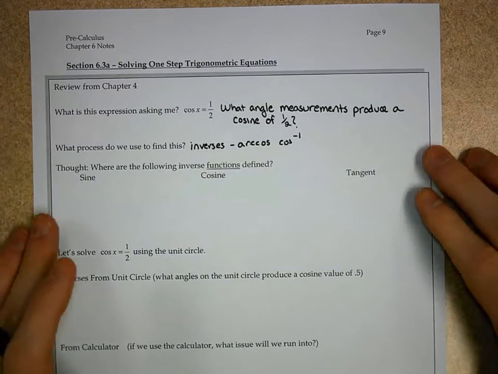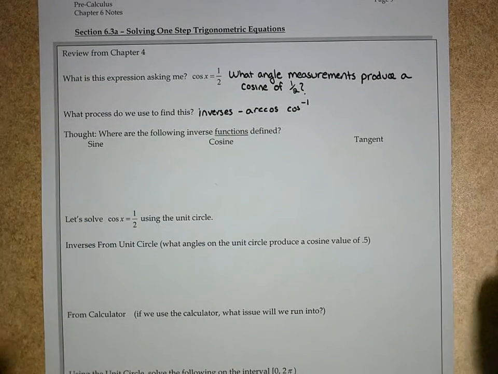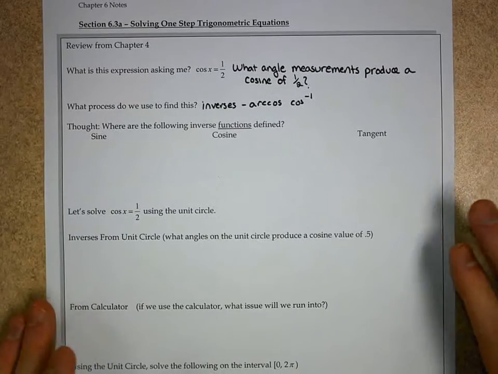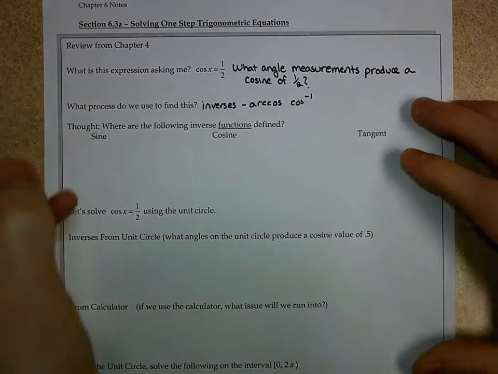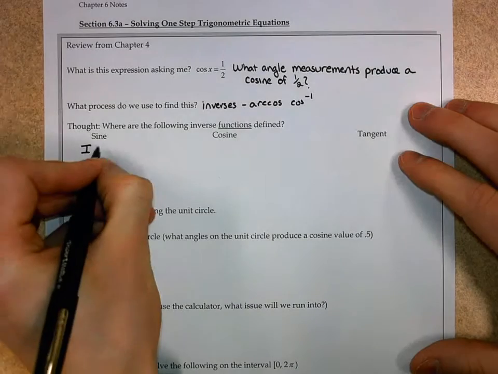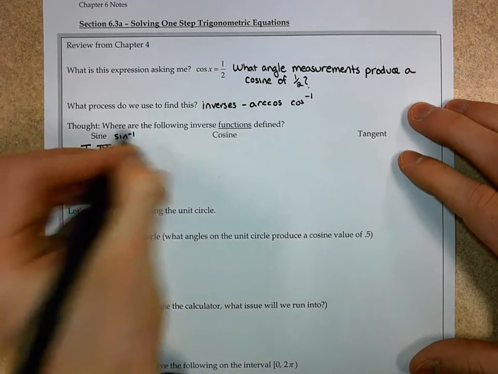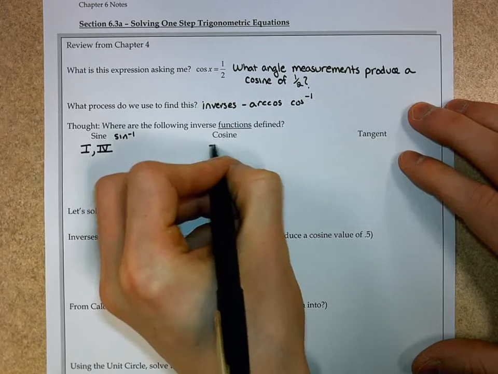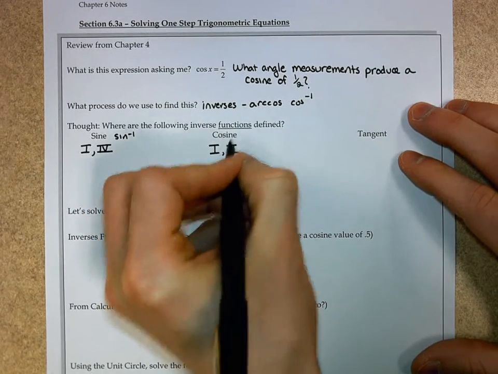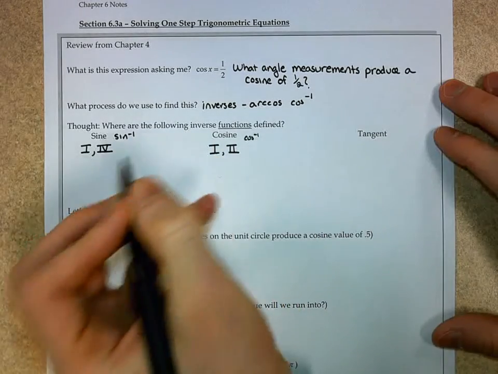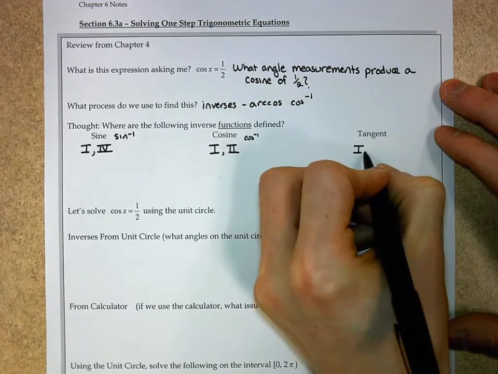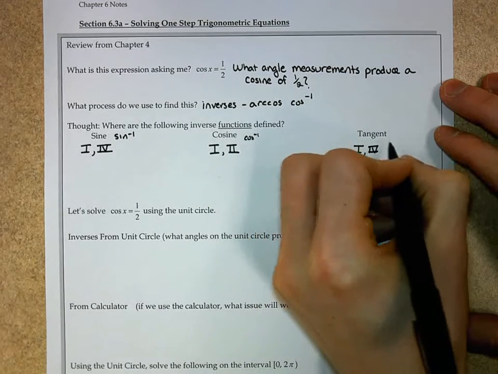Now, just as a reminder of what we did last chapter, what quadrants are the inverse functions defined in? If we think back, sine inverse was defined in 1 and 4. The cosine inverse, or the arc cosine, was defined in 1 and 2, and tangent was 1 and 4.